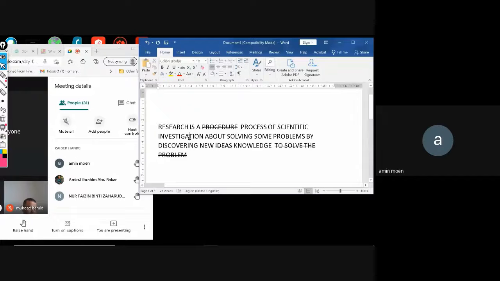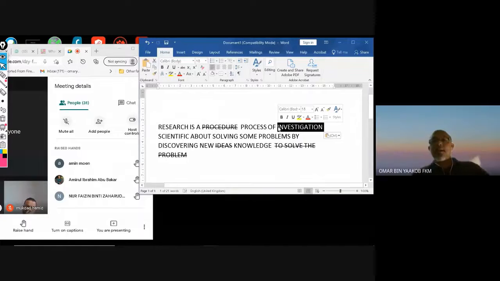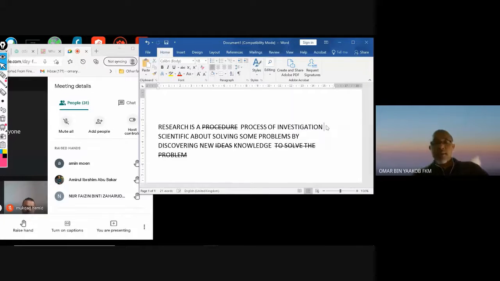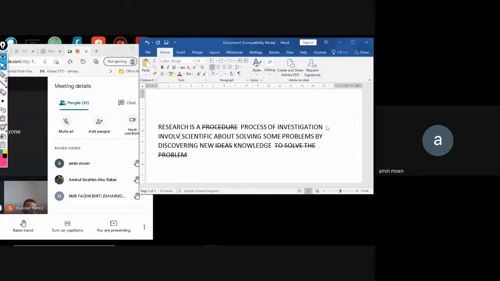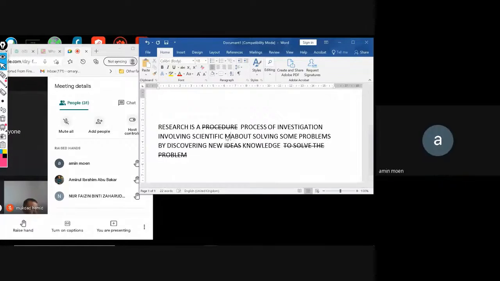Is it possible to put a process of investigation involving scientific method? Yes, we can. Okay, scientific method.